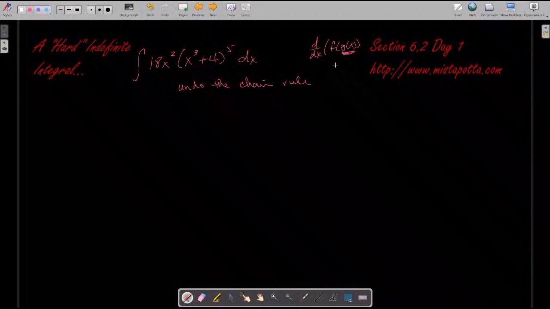From the parts that I have here, I'm going to see one part that's still a composition of functions, and a second part that's just the g prime that's multiplied at the end. So I'm going to look for the composition of functions.